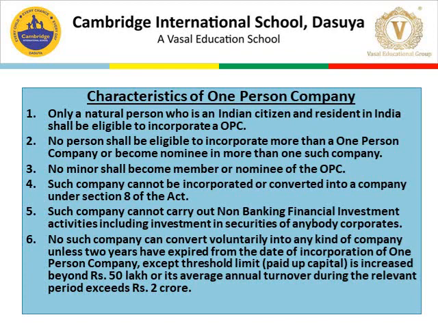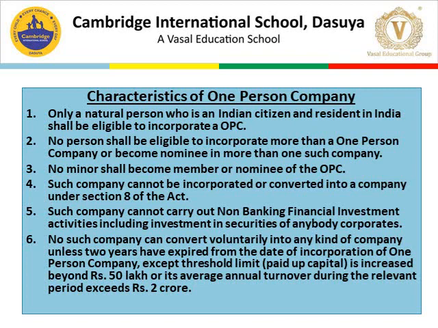It means if the company was formed 2 years back, it can convert itself into another company if its paid up capital, the amount of capital with the company, is more than 50 lakh.